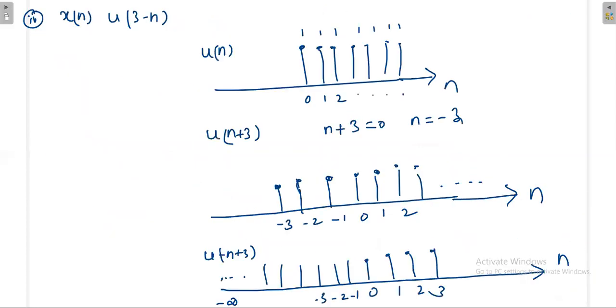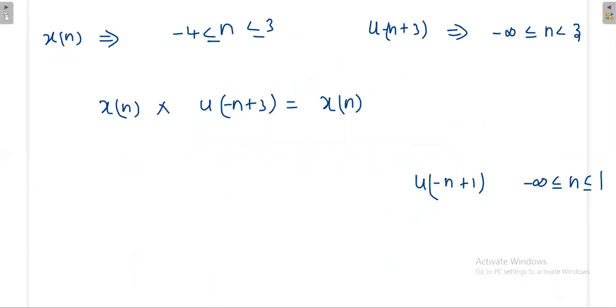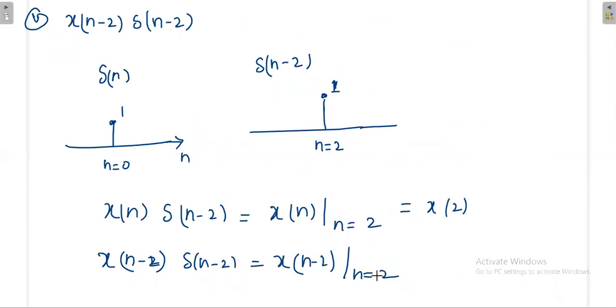Mathematically we can get that directly. You substitute n equal to 2 here, and you get x of 0. So after shifting, if you observe at n equal to 2, that value is really the original value of x of 0. So the answer is x of 0, whatever value is present at n equal to 0.